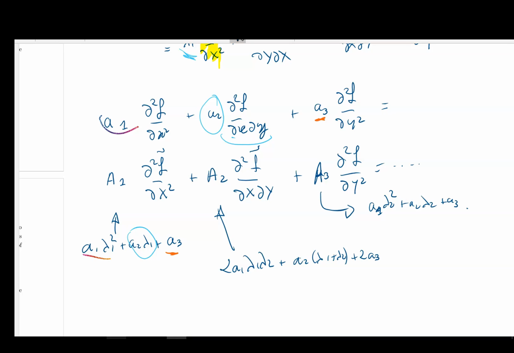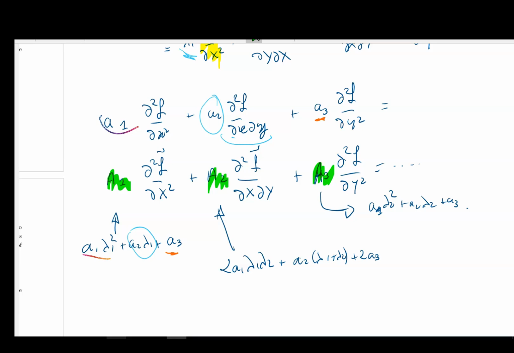Okay, then what do we have? Why did we do that? Because we can choose lambda 1 and lambda 2, and we can choose them in order to cancel out some of these terms, right? So we want to cancel out some of these A1, A2, or A3.